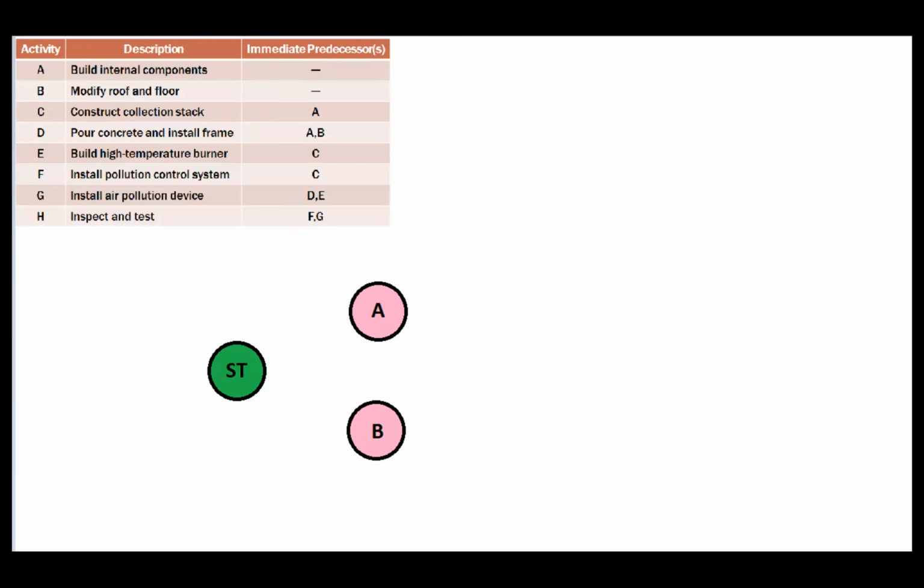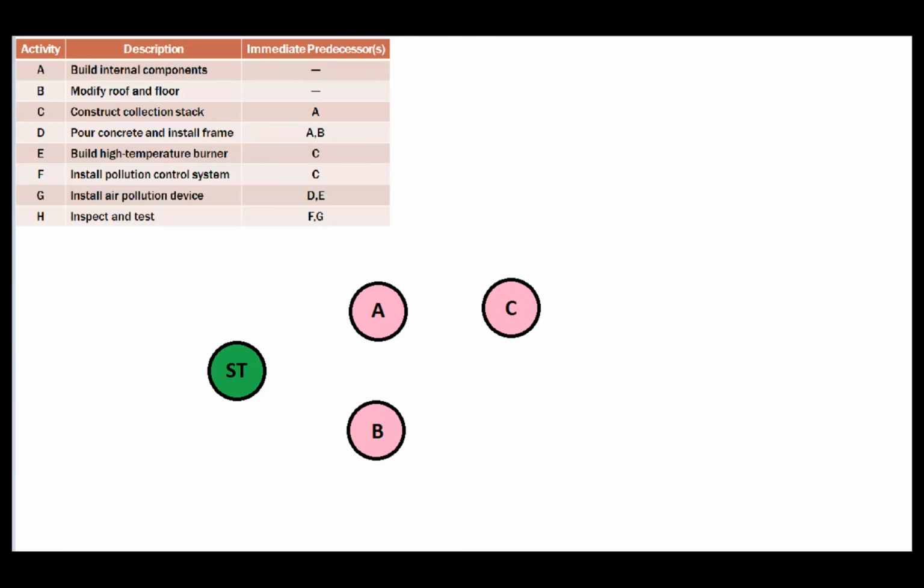So C has the immediate predecessor of A. So let's go ahead and move C to after A. Now when you do these network diagrams, they will not always be pretty and neat when you go to draw them at first. So sometimes you have to do a rough one and then go ahead and rewrite it in a more finished fashion.